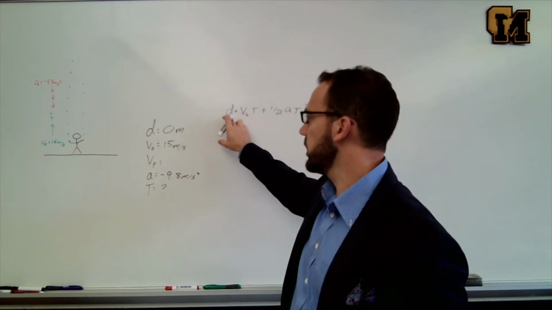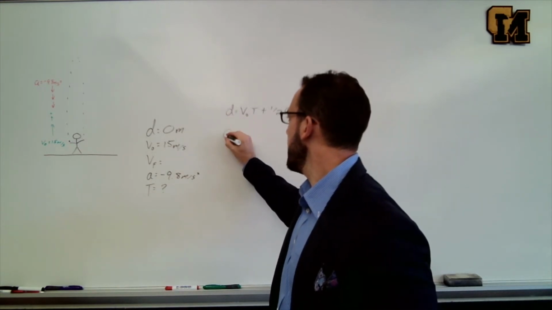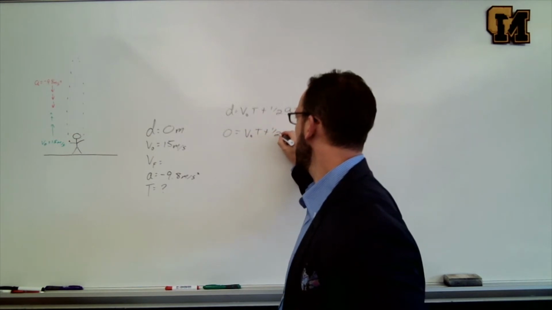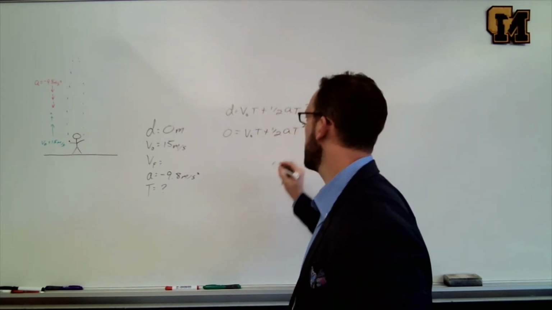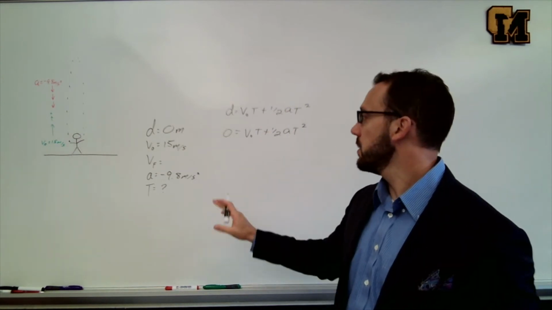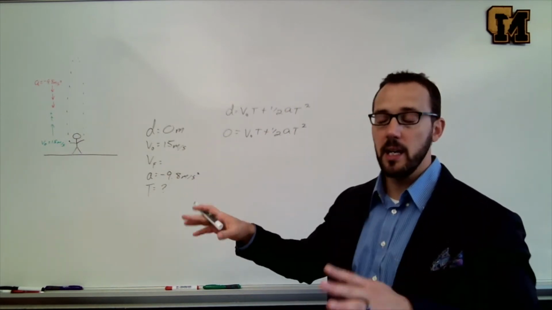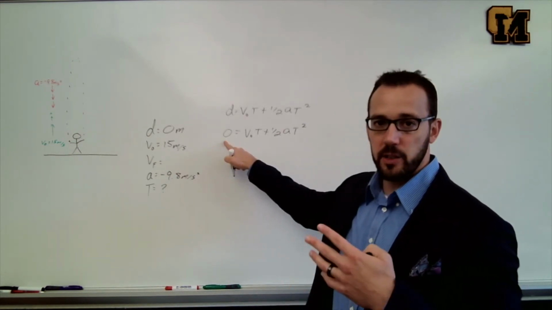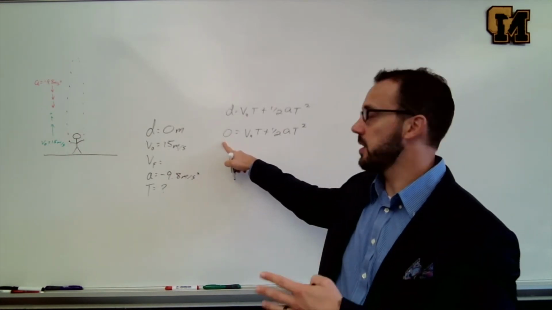So I'm going to plug the zero in for D, and what I get then is 0 equals V naught T plus 1/2 AT squared. Now I can divide everything by T, because if I divide everything by T, there's not going to be an extra T in the denominator to mess me up.